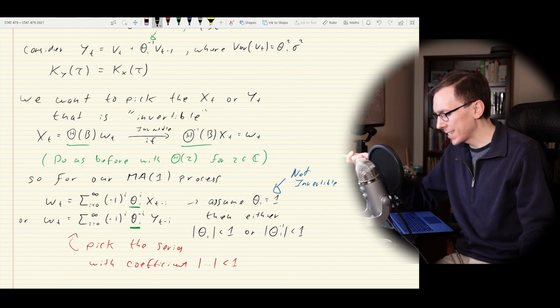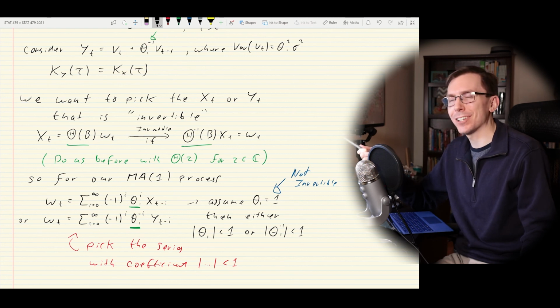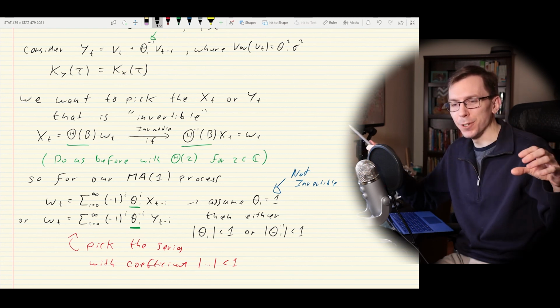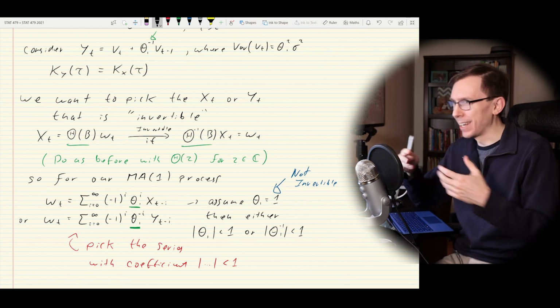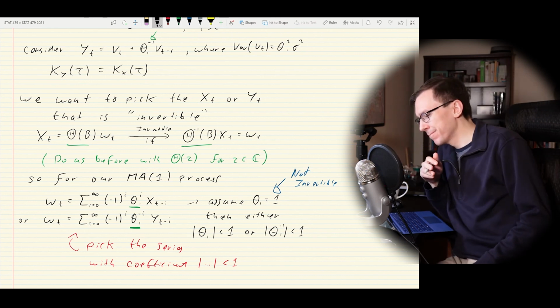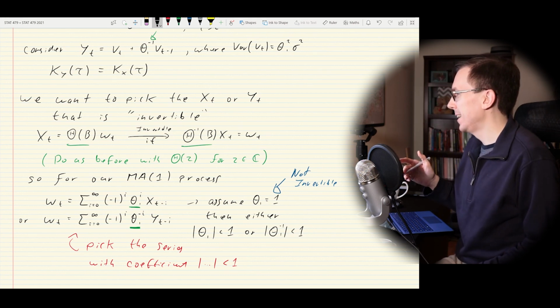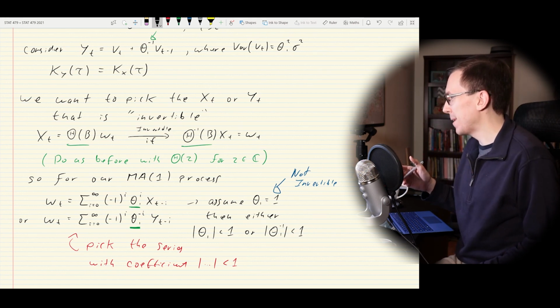So if there's a shock to the system that you're looking at, you'd expect that shock to dampen as you move away from it in time, not to magnify itself in some strange way.